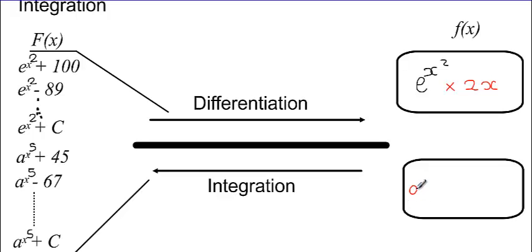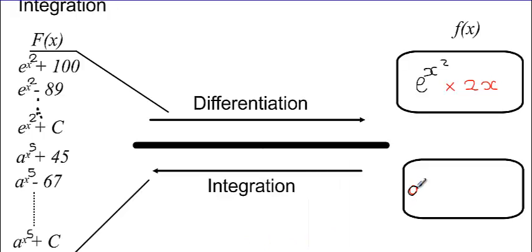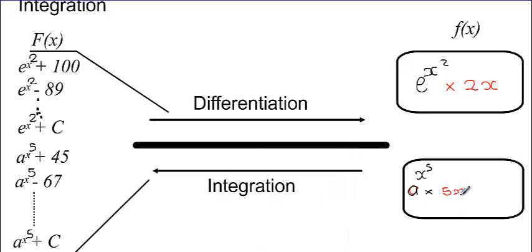A to the power 5x, multiplied by 5x to the power 4, multiplied by ln a.